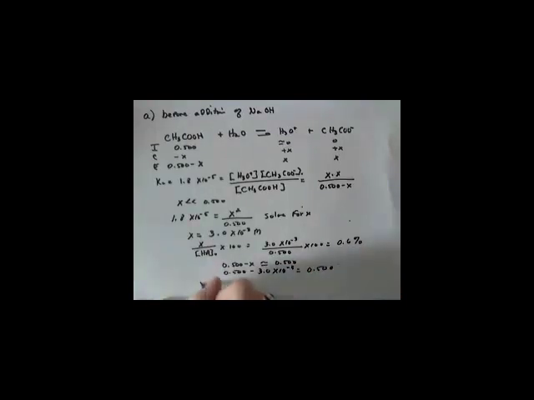So we know that x is equal to the hydronium ion concentration. So now we can determine our pH, and our pH is equal to the negative log of 3.0 times 10 to the negative 3, and that gives us a pH of 2.52.